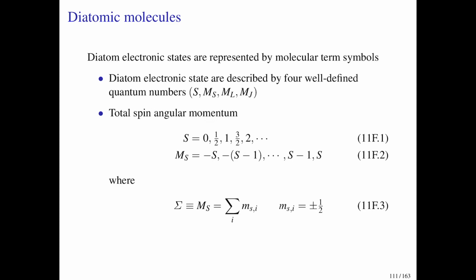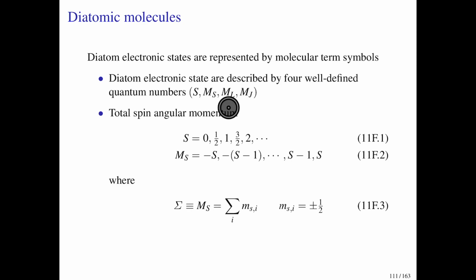The main difference has to do with the orbital angular momentum. It turns out that the total orbital angular momentum does not lead to a valid quantum number in diatoms like it did for atoms. Nevertheless, the z component of the orbital angular momentum vector is a valid quantum number, but it's a little bit different.